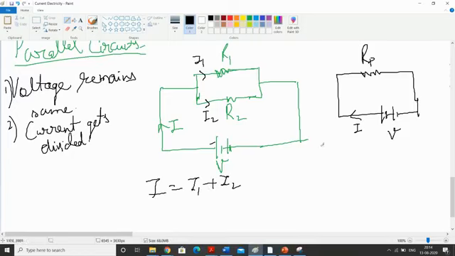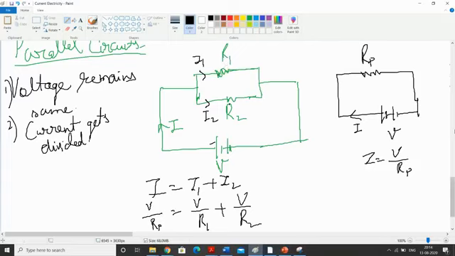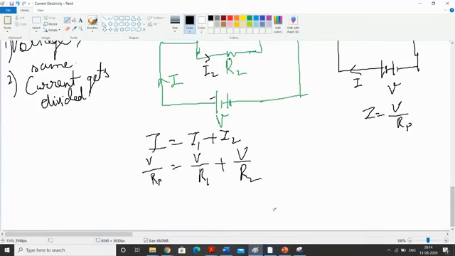From here we can write I as V over Rp, because V is equal to IR. Rp is the equivalent resistance in parallel, I1 is V over R1 and I2 is V over R2, because the voltage is going to remain the same. Here the voltage is V and here also V.